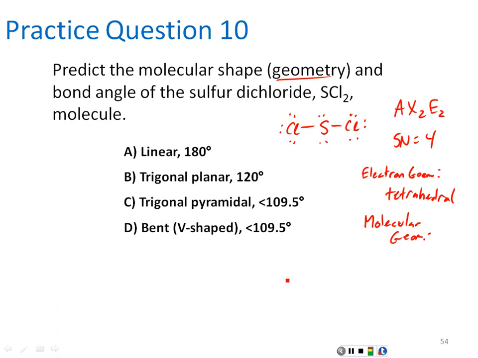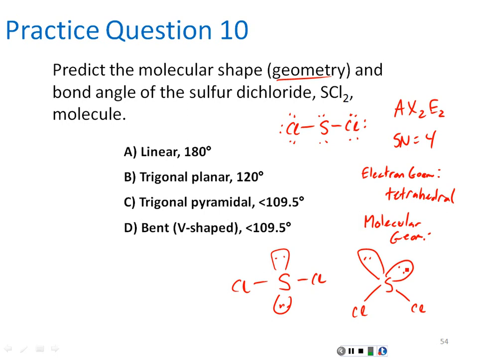But let's draw this out. So we'd have sulfur, 2 lone pairs. But remember, those lone pairs have a greater repulsion. So what it's actually going to do is bend those chlorines down.